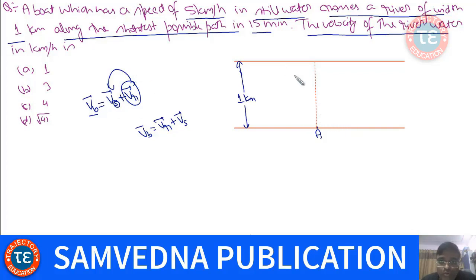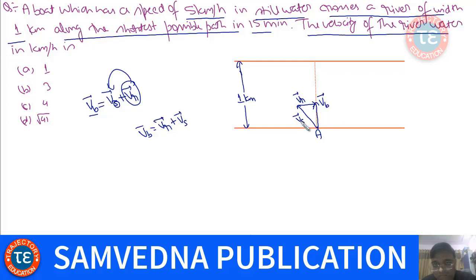Okay. But I want the boat to move along this path. So the net velocity of the boat should be in this direction. And what is Vr? Vr is the velocity of the river which the boat will always inherit. So the boat's own velocity should be in this direction.